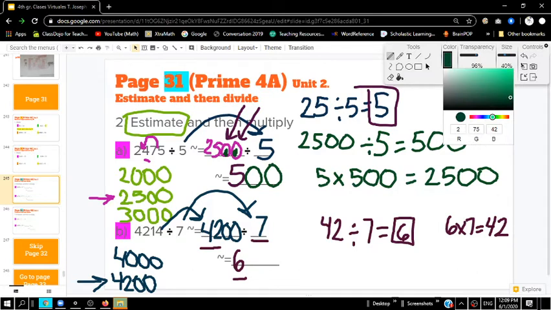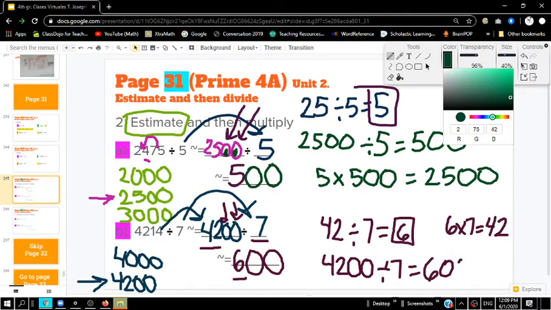We're still dividing, right? It's not just 6. We're dividing by a base of 100. I see 2 zeros, so I'm going to put 2 zeros in my answer. In other words, 4,200 divided by 7 equals 600. Or 600 times 7 equals 4,200.